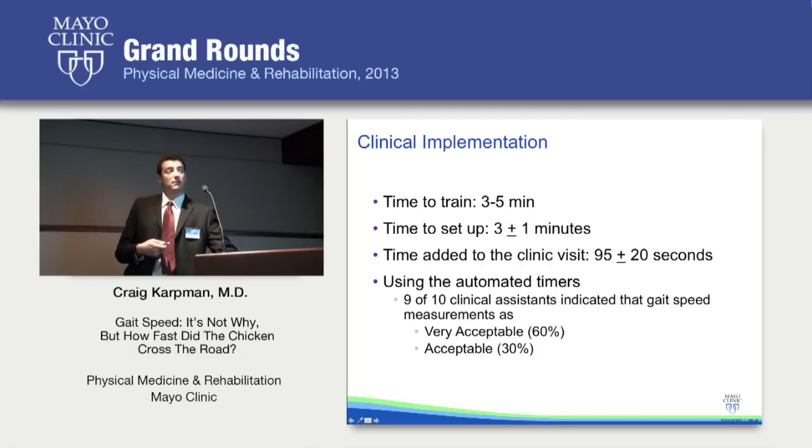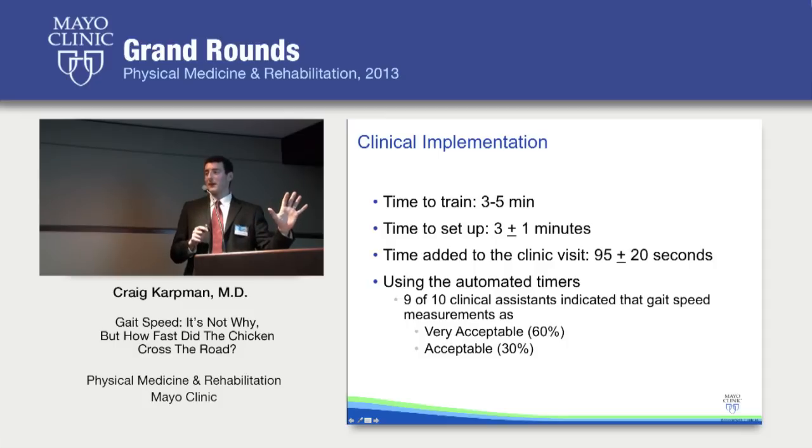The response from our clinical assistants was really that the measurements were either very acceptable or acceptable, but at the same time, we're not measuring it on all of our patients. It's just our COPD patients. We're performing around 10 to 15 of these a day.